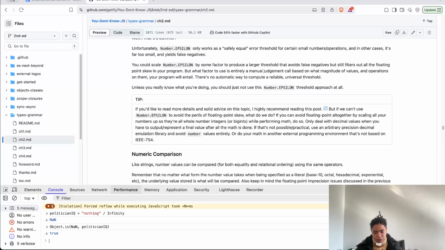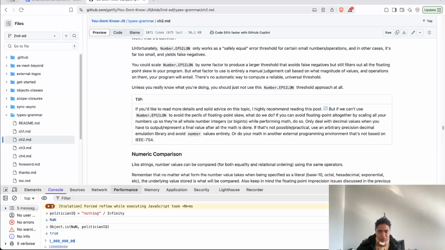So for example, if you want to represent this number, this is 1 million. Unfortunately, this won't work. So represent all of your numbers as integers.